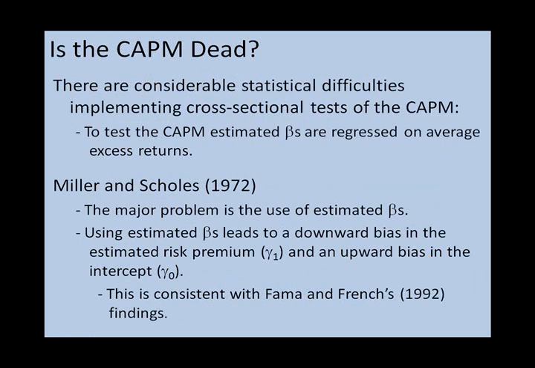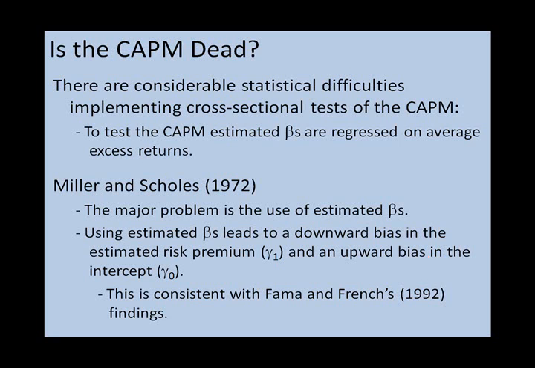While some people rushed to condemn the CAPM and say how bad it was and how it clearly didn't work, others stood back and said, well, you've got to slow down here. There are considerable statistical difficulties when testing the CAPM in the cross-section. To test the CAPM, we have to first estimate betas. Once we've estimated betas, we then have to regress the average excess returns on those betas.